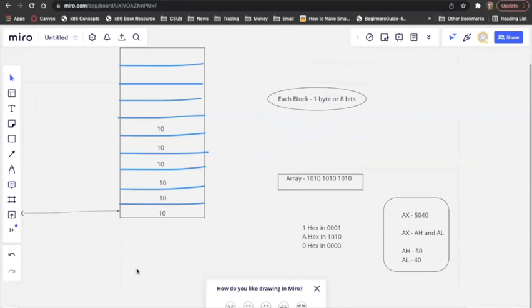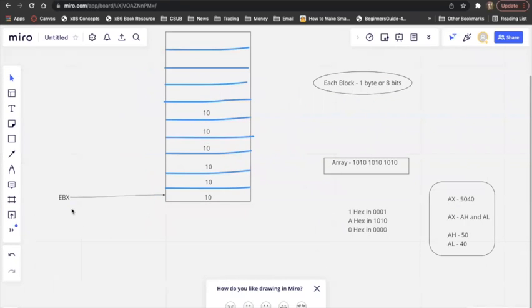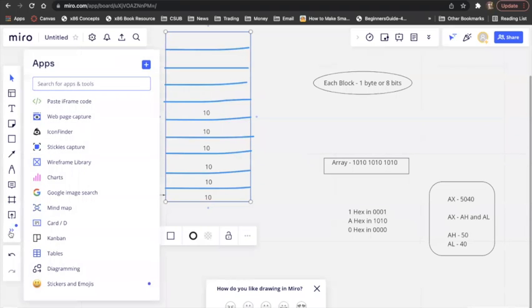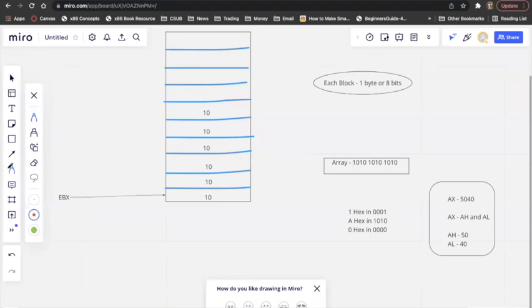EBX at this point is pointing towards the first 10 of the array. We're going to move AX to this, but AX is a size of 16 bits.